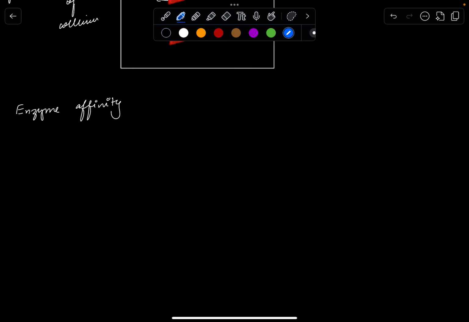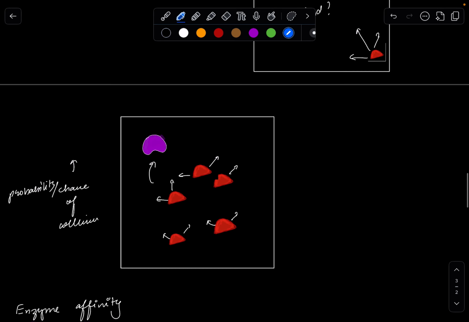Now, enzyme affinity is effectively what I just kind of spoke about briefly.